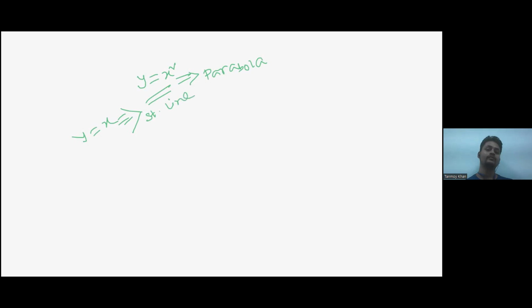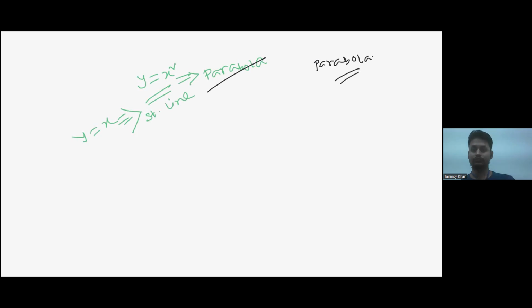Now, let me tell you, this y is equals to x square is called a parabola, right? Like y is equals to x is called a straight line. Similarly, y is equals to x square is called a parabola. So just try to read a bit about parabola. This is not the only equation.